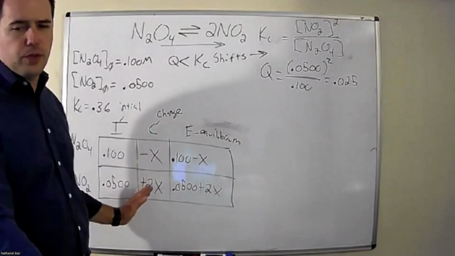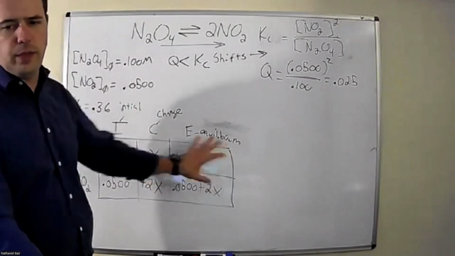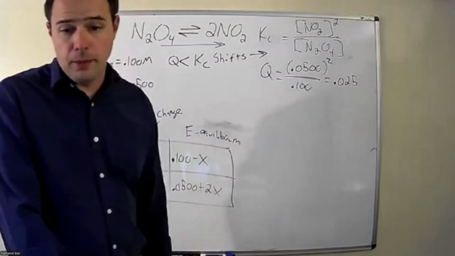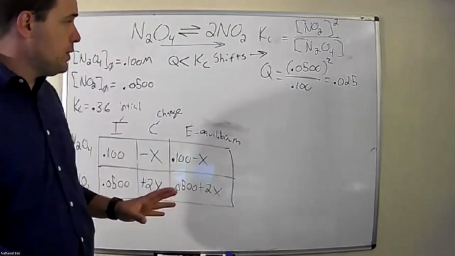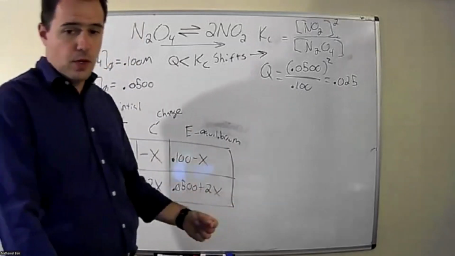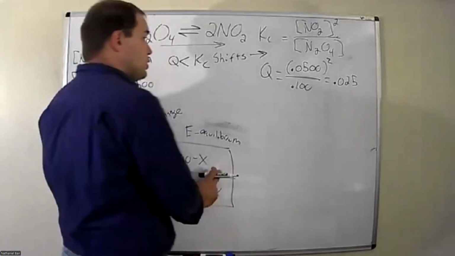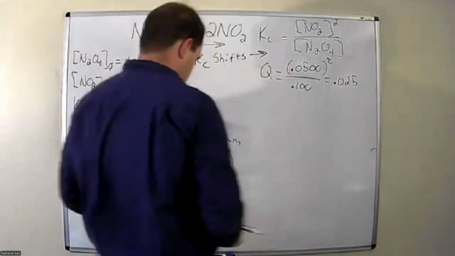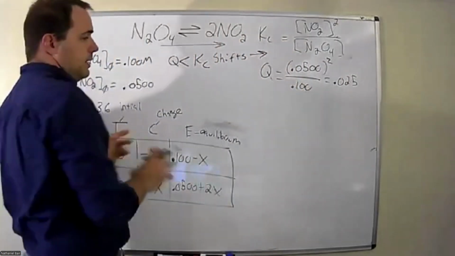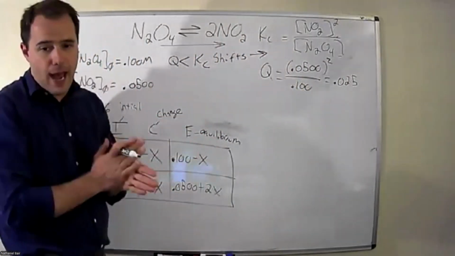We said how much everything was going to change by, and we said at equilibrium, you're going to combine the I and C columns to have the equilibrium column. Now, these are the equilibrium concentrations in terms of x. So we're going to plug them into the mass action expression, and we know the equilibrium constant, and then we are going to have to do some math.